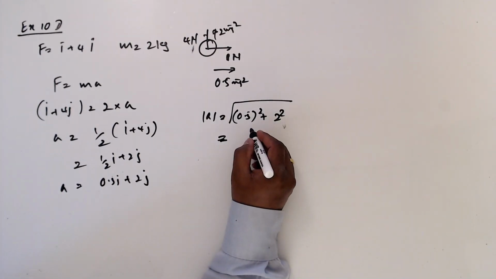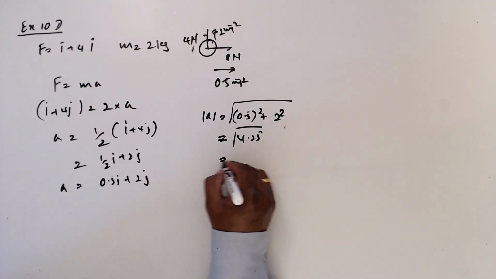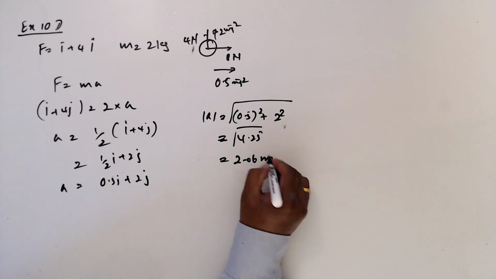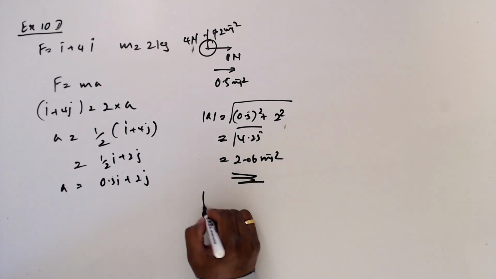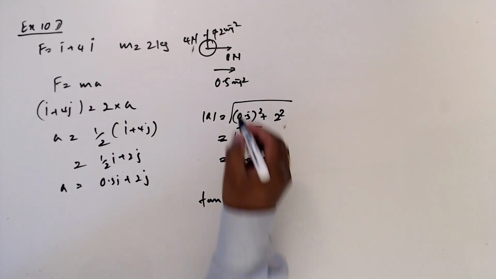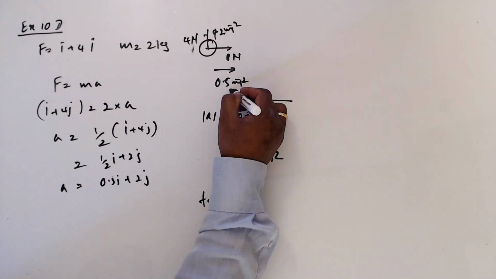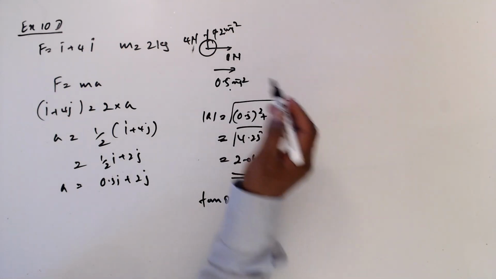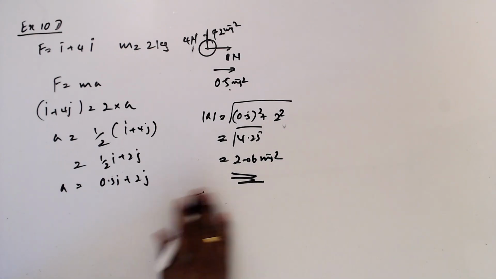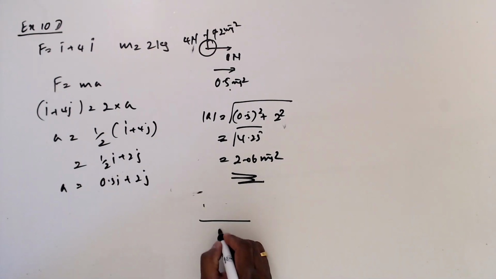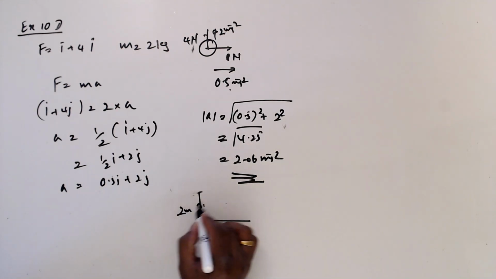That is going to be the square root of 4.25, that is 2.06 ms^-2. And for the direction, tan theta equals 2 divided by 0.5. So we need actually the bearing. Now then we'll work it out. This is 0.5 and this is 2.